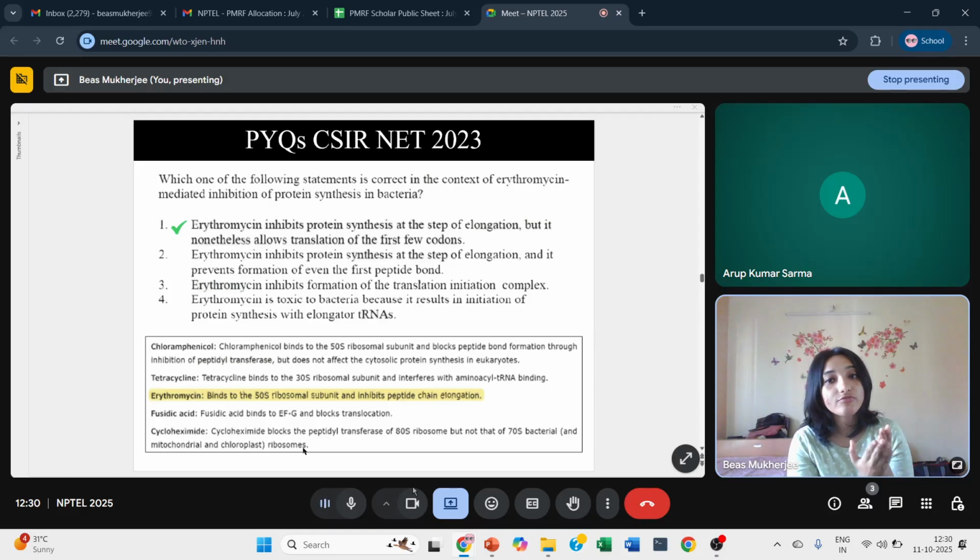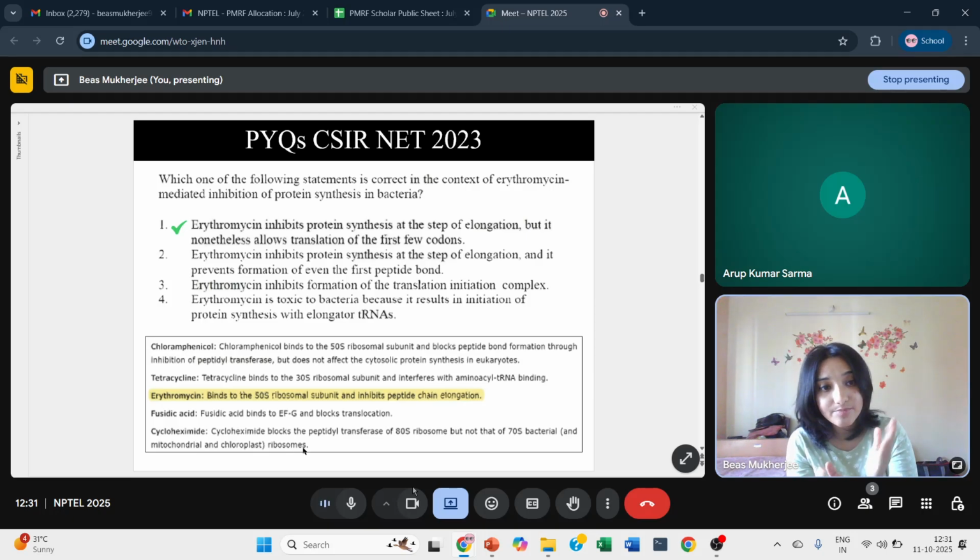Chloramphenicol binds to the 50S ribosomal subunit and blocks peptide bond formation through inhibition of peptidyl transferase, but does not affect cytosolic protein synthesis in eukaryotes. Tetracycline binds to the 30S ribosomal subunit and interferes with amino acid tRNA binding. Erythromycin binds to the 50S ribosomal subunit and inhibits protein chain elongation.